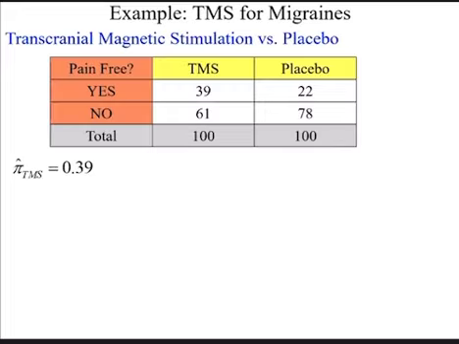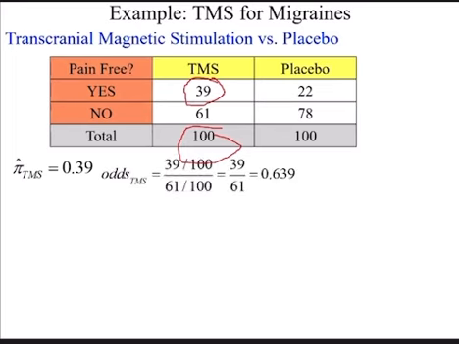Now, in the analysis, I need pi. Take a look at that. Pi is going to be 39 divided by 100. That is the probability of recording pain-free when you use the treatment. Please pay attention.